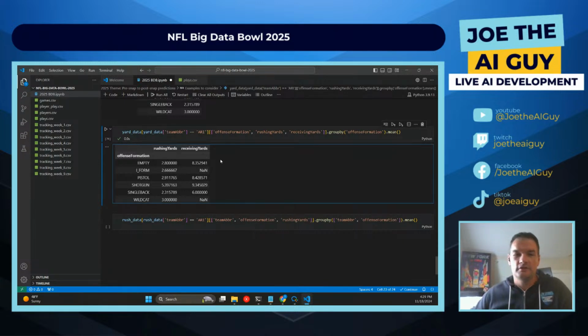And so what we see here is that for Arizona, when we group on the offensive formation, their expected outcomes here, I would say below average in general as far as their offense goes, but they were effective running from the shotgun formation, and then coincidentally also their most receiving yards were from that formation as well.